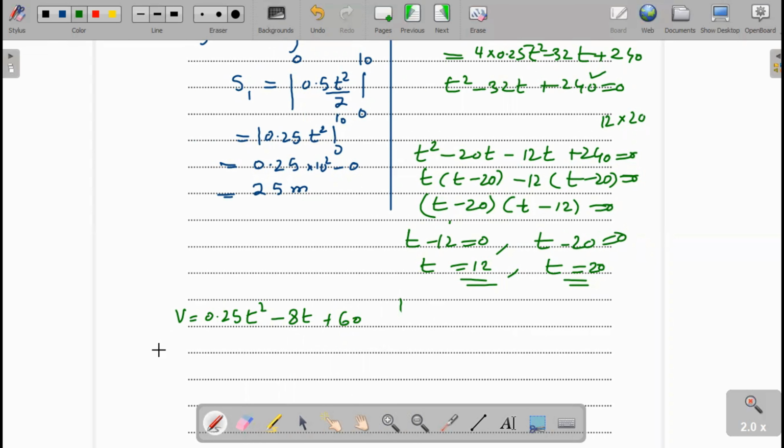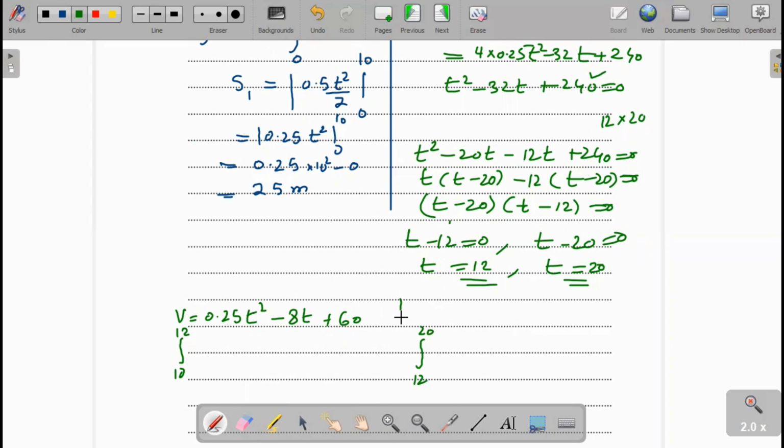To find the distance, firstly we find the distance for the interval 10 to 12, and then we find the distance for the second interval, 12 to 20 seconds.